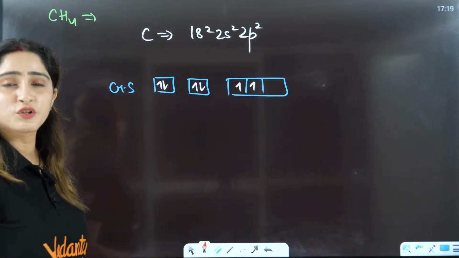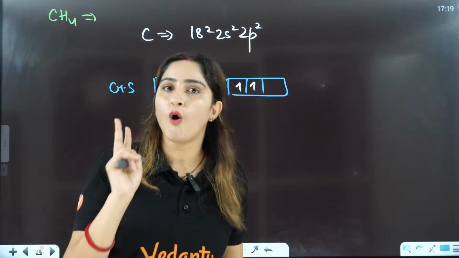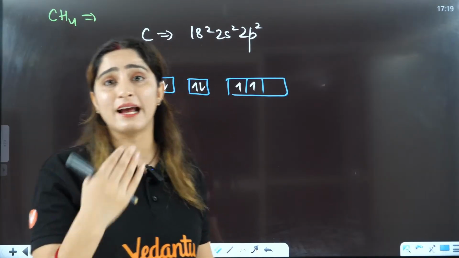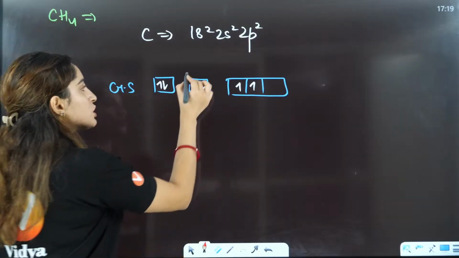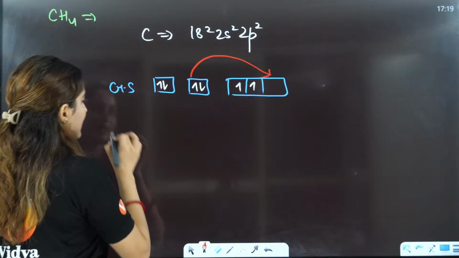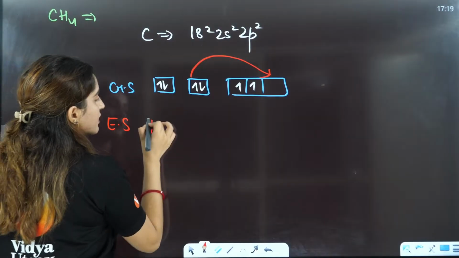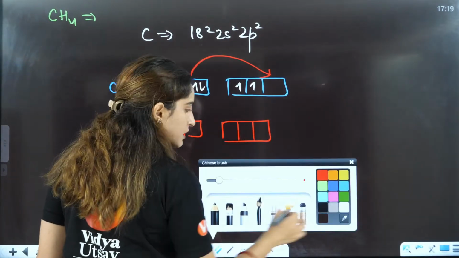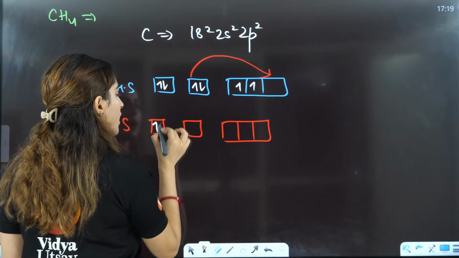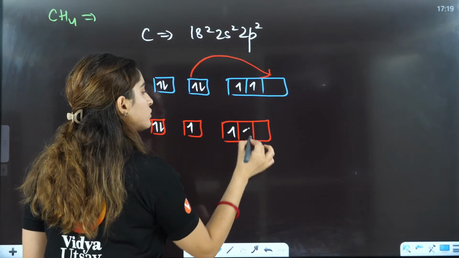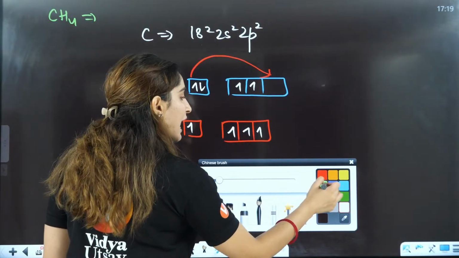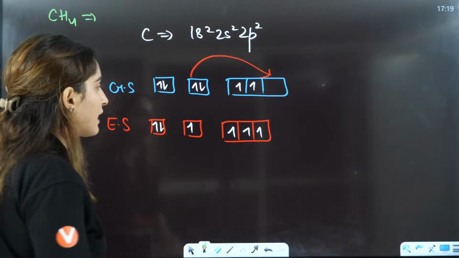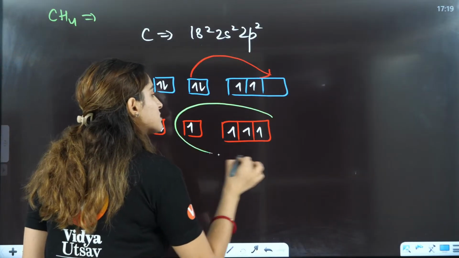Now according to this, carbon should make only 2 bonds, but in reality we know that carbon makes 4 bonds, so that means excitation will happen here. So this electron is going to get excited, so the excited state is going to be like this, 1, 2, 3, 4. And as we discussed in the last class when I taught you covalency, these are the 4 bonds.